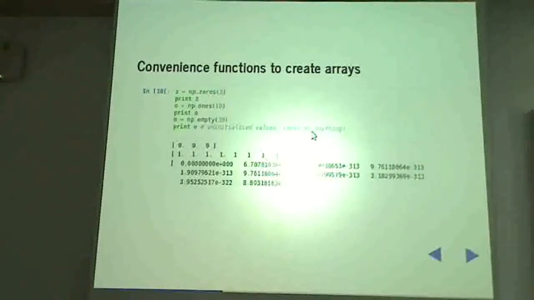I mean, these are all floats. np.empty(10) allocates some contiguous block of memory that is free, and whatever is the content of that memory gets returned. Okay, so these are uninitialized values. This could be anything. Today you run it, you will get some set of numbers. You run it 5 minutes later, you will get a different set of numbers. Okay, so you have to be really careful. I mean, you can't use these numbers. They're all junk.